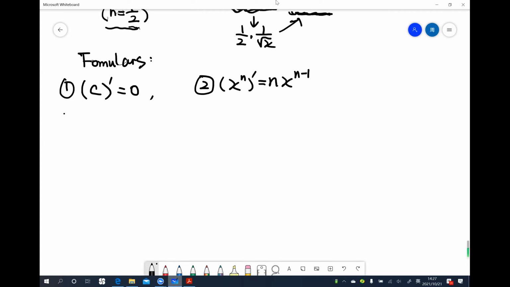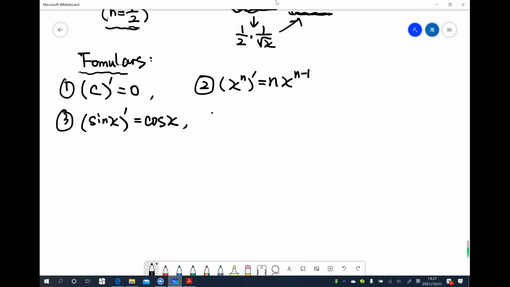And the third is sine x prime equals to cosine x. For these formulas, you can prove them by the definition. They hold. If you are interested in the proof, you can prove it by yourself.